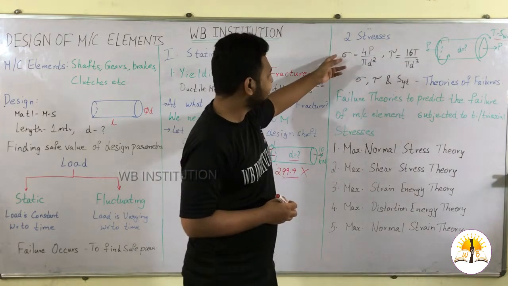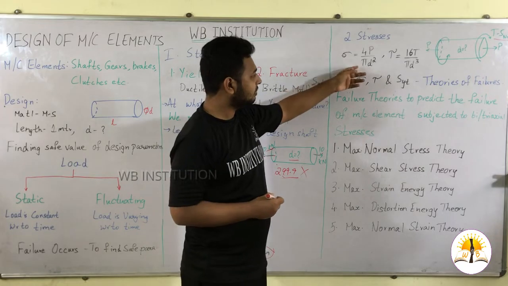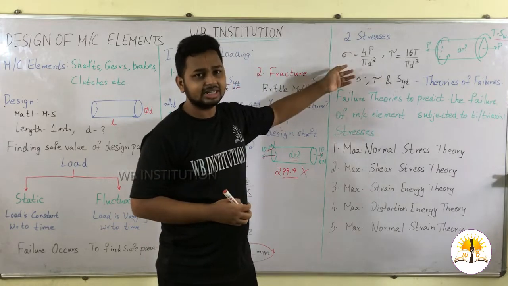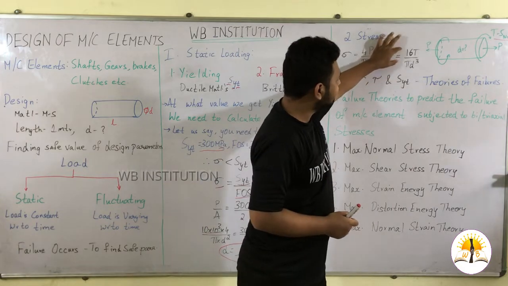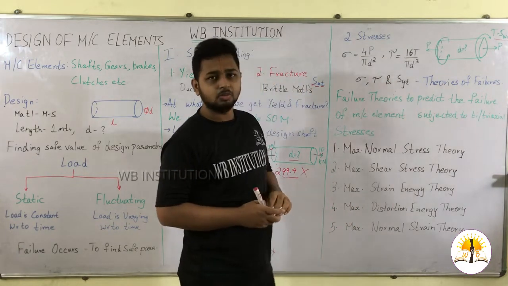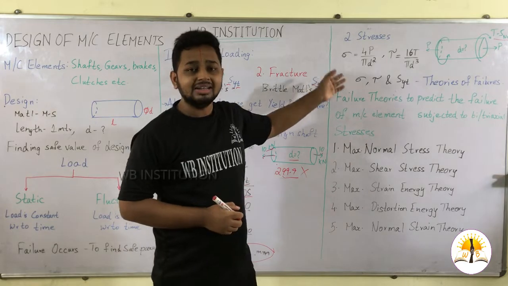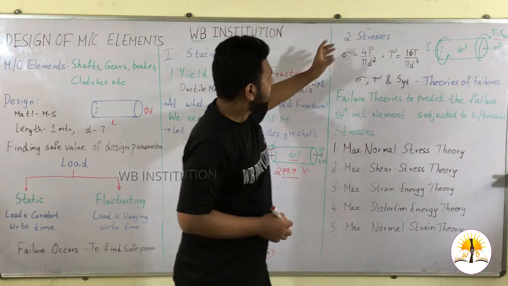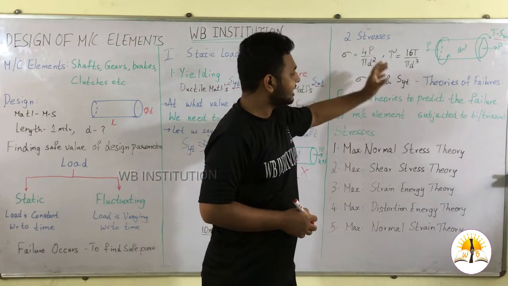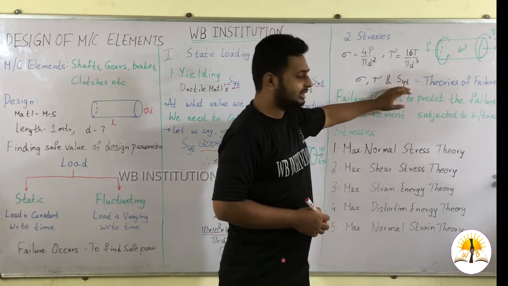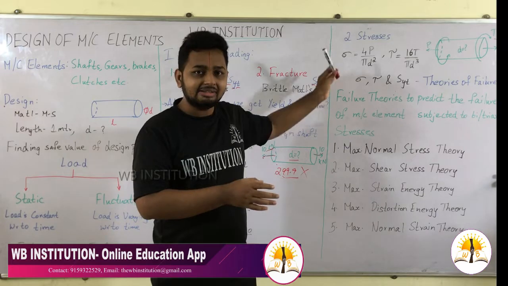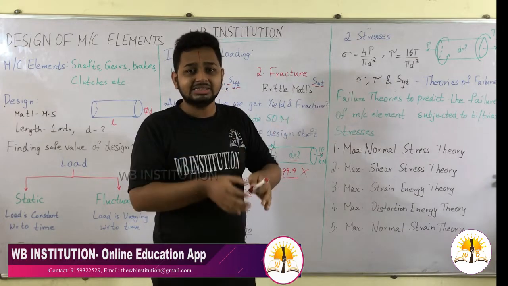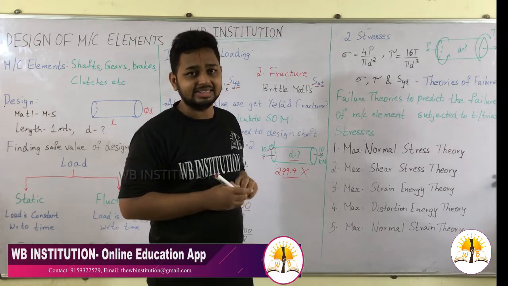The normal stress we can calculate by 4P by pi d square, that is load by area, and the shear stress is calculated by 16T by pi d cube. Now we have to get the relation between normal stress, shear stress and the yield strength. So we want to equate all these three values to get the safest value for the particular design.